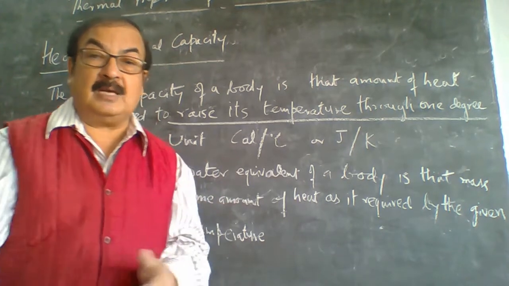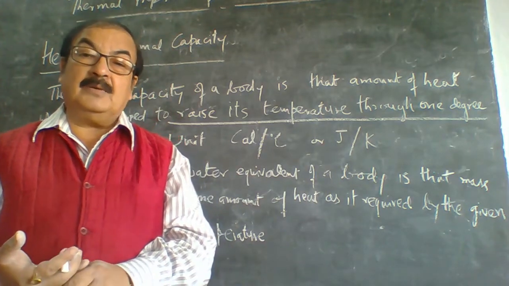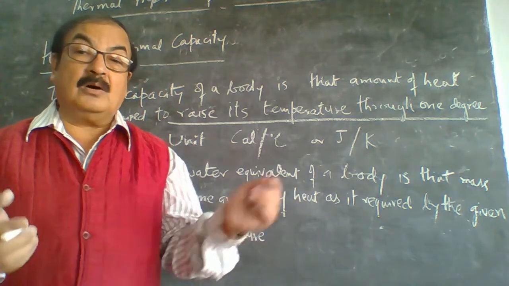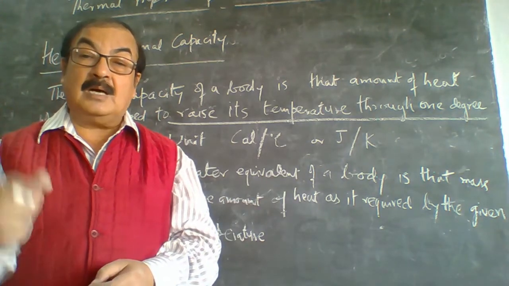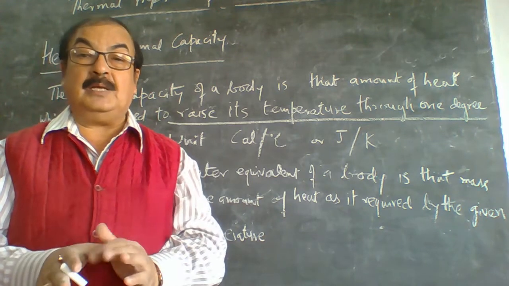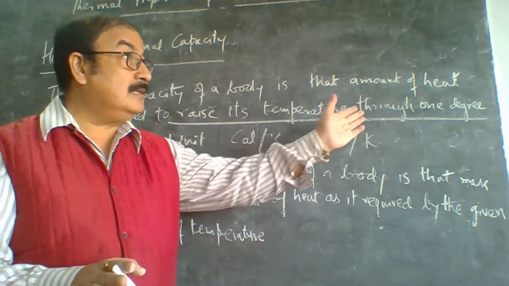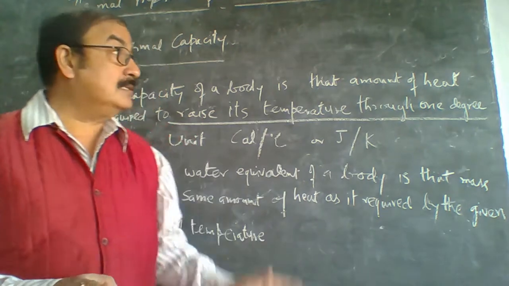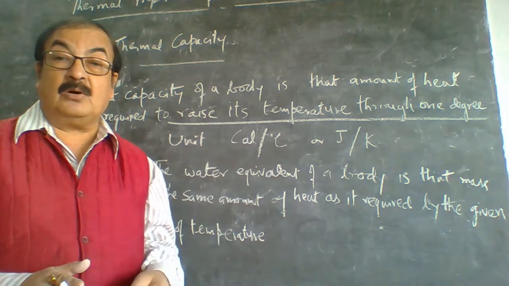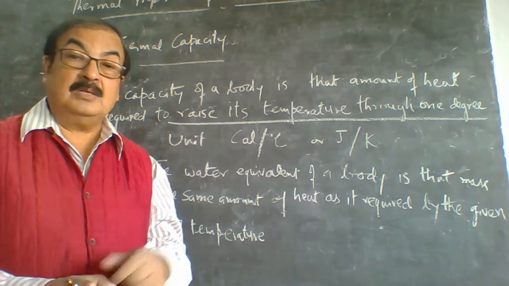When we take Kelvin, we deal with the SI system, and when we take degree Celsius, we can take SI or CGS system. But I tell you one very important thing: degree Celsius is a very commonly used temperature unit, and therefore we just write the generalized form, that is, the heat required to raise the temperature of any substance through 1 degree Celsius is called heat capacity.